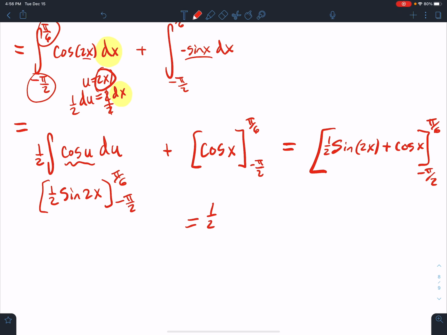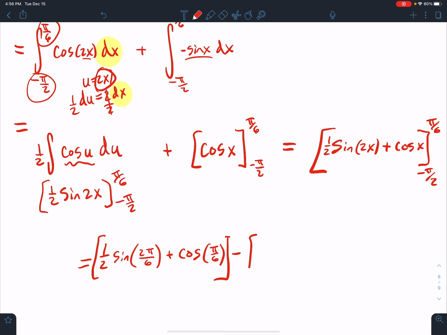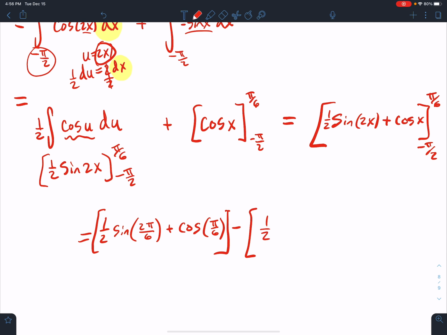I get 1/2 sine of 2 times pi over 6 plus cosine pi over 6 minus 1/2 sine of 2 times negative pi over 2 plus cosine negative pi over 2.